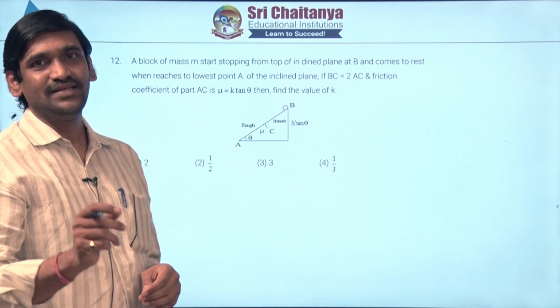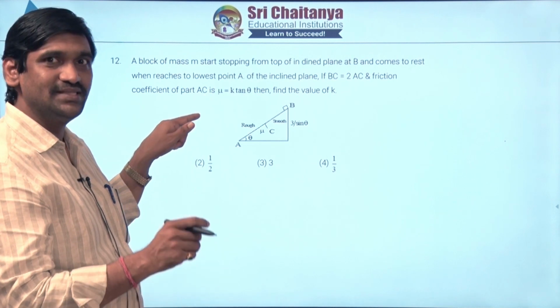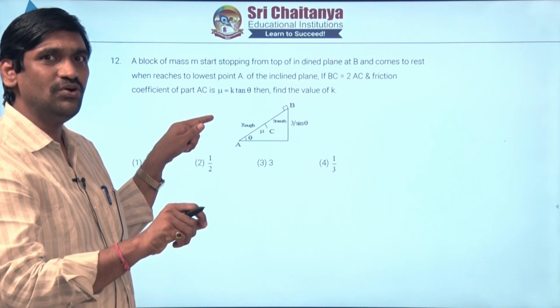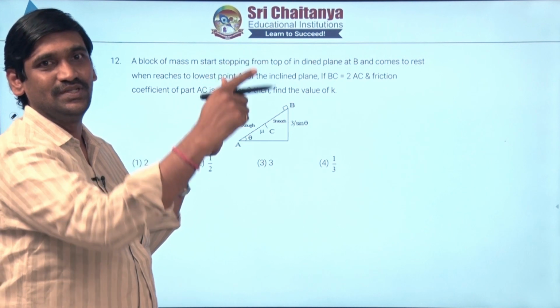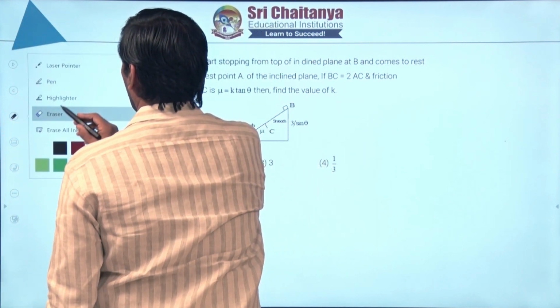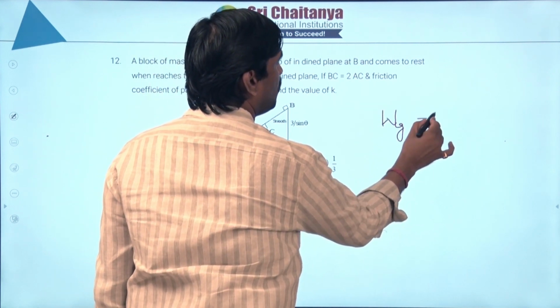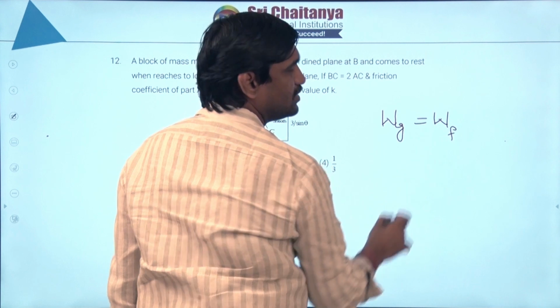In this case, the work done by the gravitational force along the inclined surface is equal and opposite to the work done by the frictional force. Now, I am writing: work done by gravitational force is equal to work done by friction.